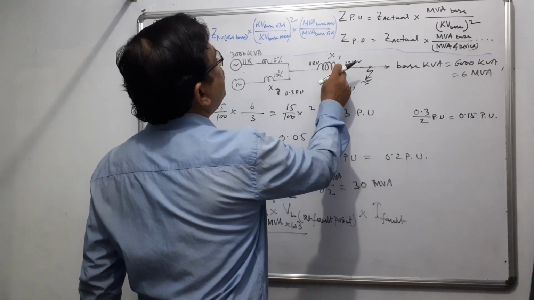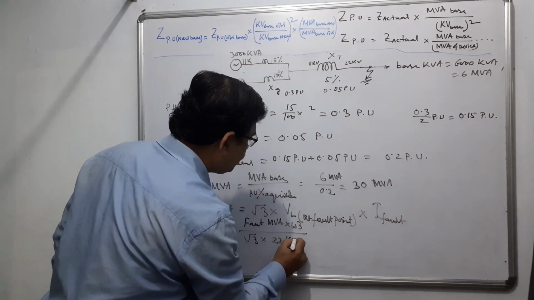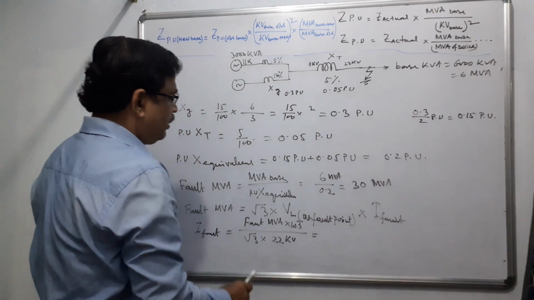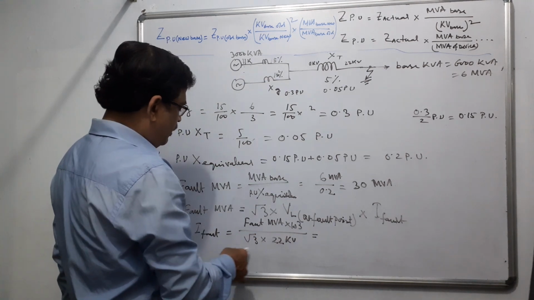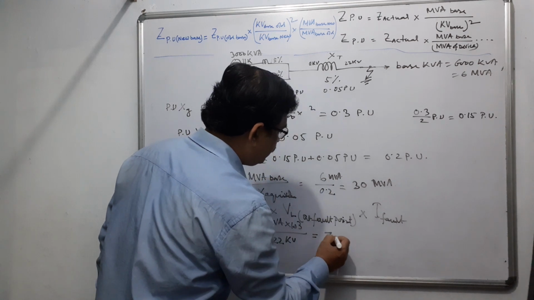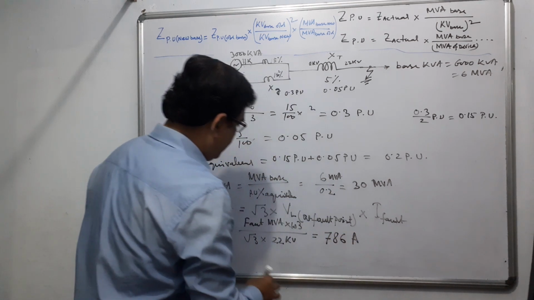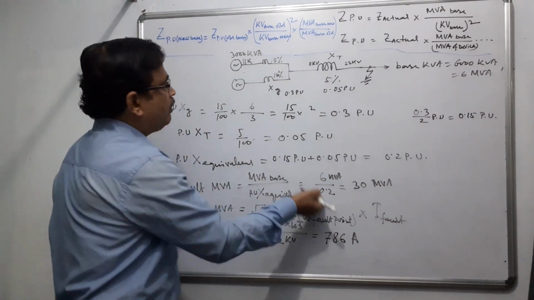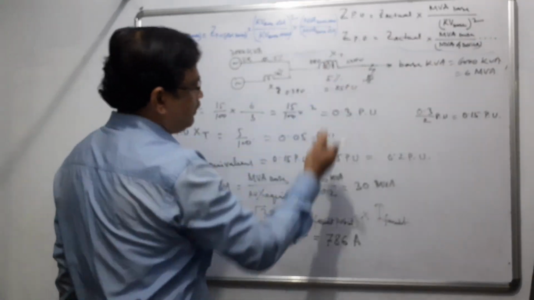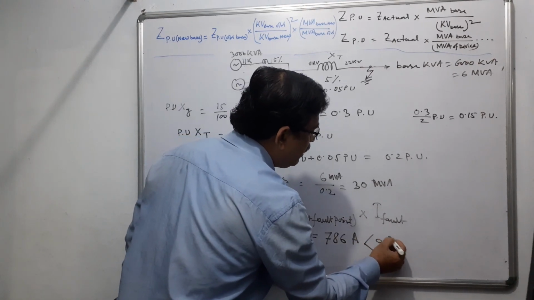Line voltage at fault point is 22 kV. If it is in kV and kVA, then the current will be in amps, and it comes around 786 amps. And since all the reactances are per unit reactance, the current will be 90 degree lagging.